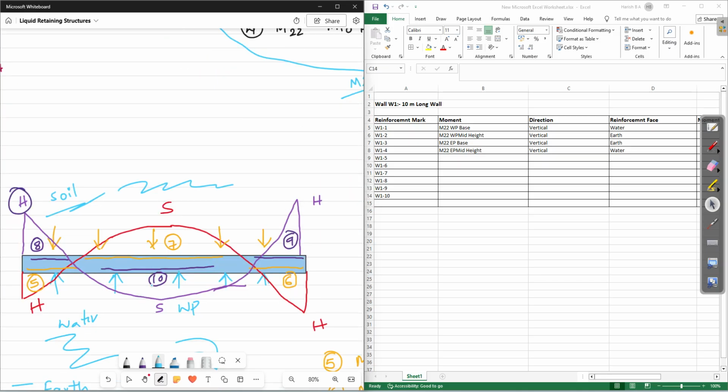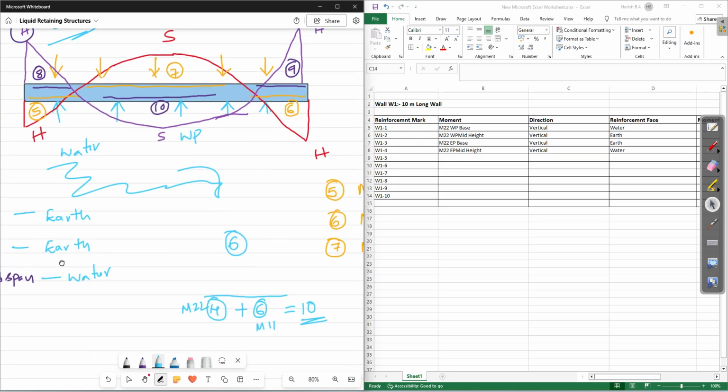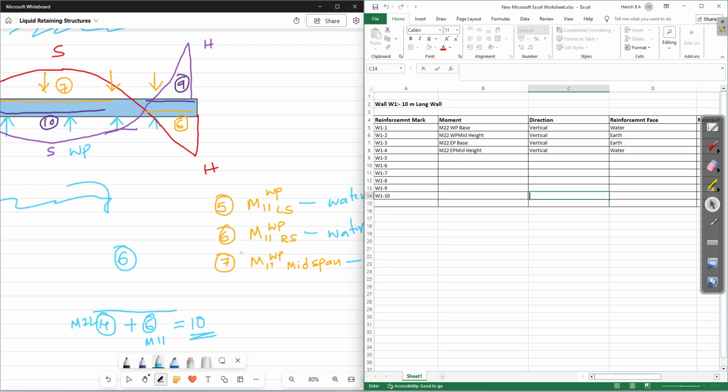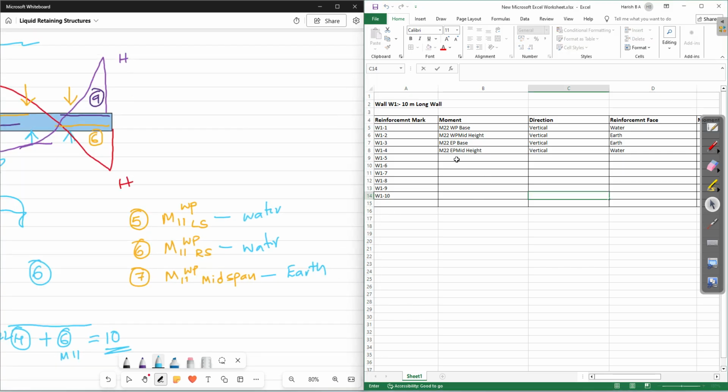So next we will proceed to M11, which means horizontal bending. So next, location 5. Location 5 will be M11. Okay. This is because of water pressure. M11 water pressure, left support. You will write like this, left support.